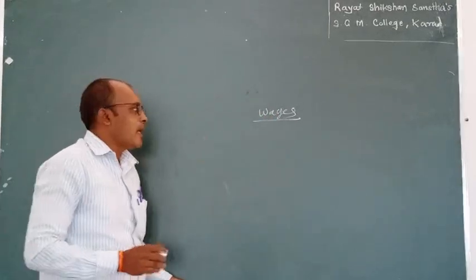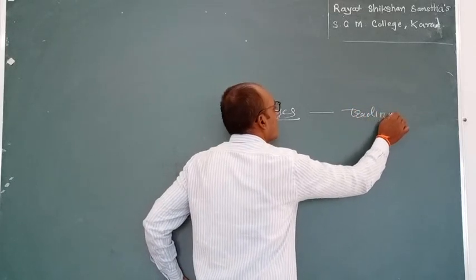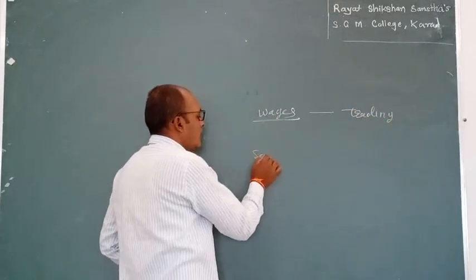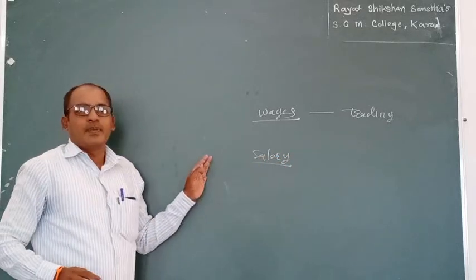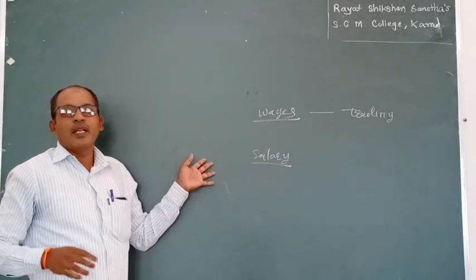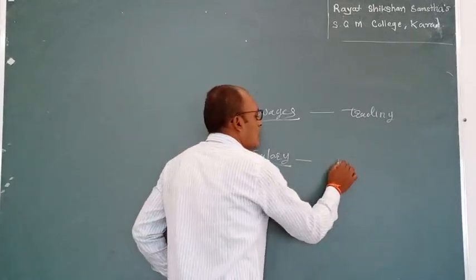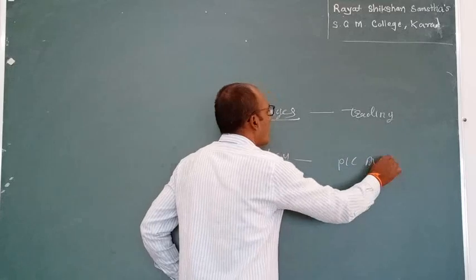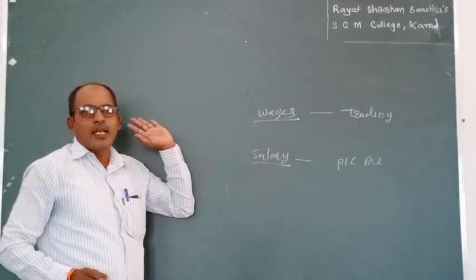It is a direct expenditure recorded in the trading account. And then salary. When office staff are appointed and paid remuneration, it is called salary. It is transferred to the profit or loss account. So wages is a direct expenditure and salary is an indirect expenditure.